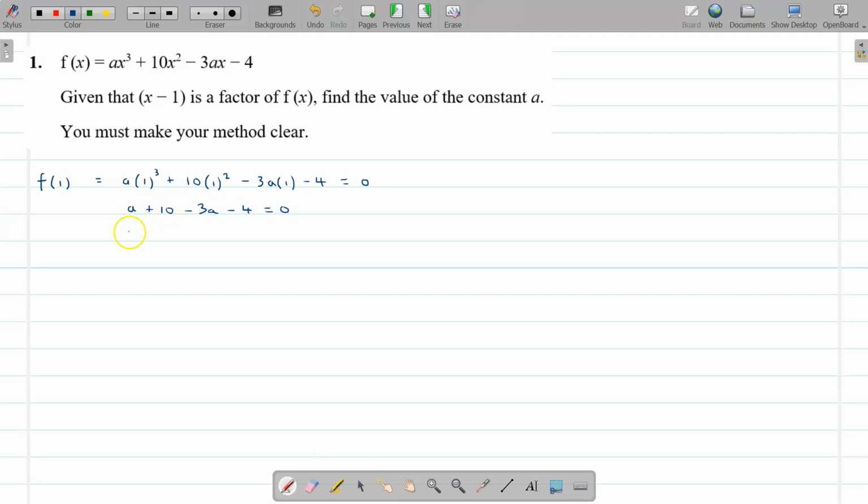A quick bit of rearrangement gives us that minus 2a is equal to minus 6, and therefore a is equal to 3. Okay, so a nice straightforward question to start with.